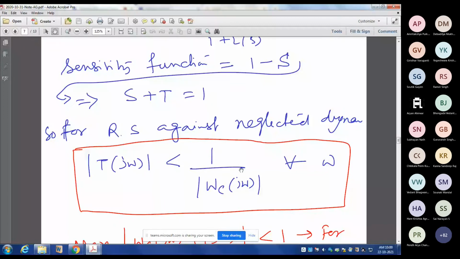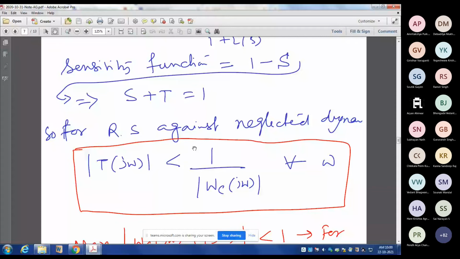As I said again and again, even if you do not design a robust controller during the design process, you should post-check this. You have designed a PD, PID, or lag-lead controller, whatever it is. Before employing it on a practical system, you should check whether this condition is satisfied.